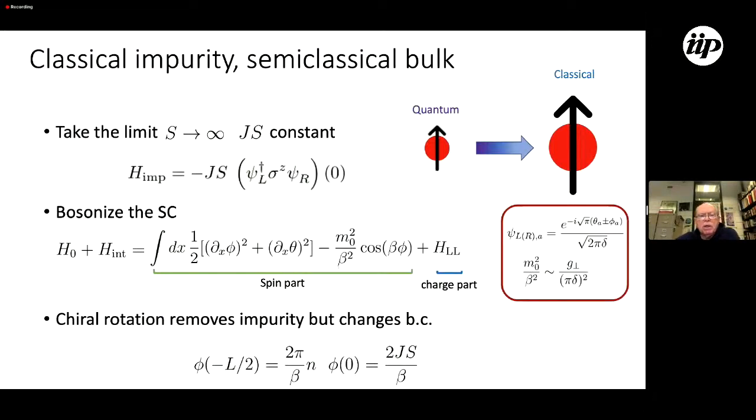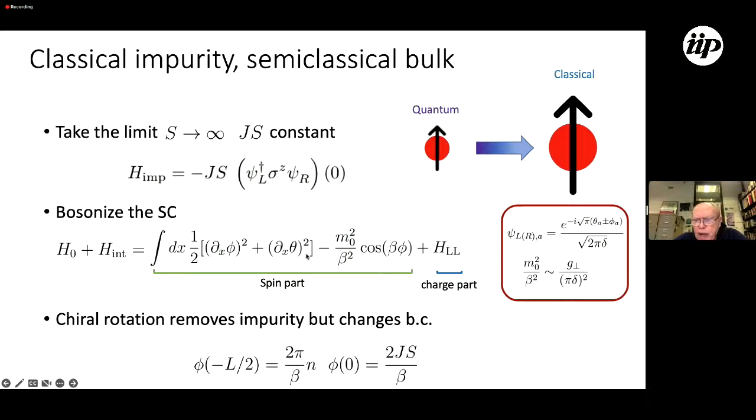So let me start with the YSR approach, where the impurity was classical and the bulk was semi-classical. We take the limit S goes to infinity, holding JS fixed. So this becomes the impurity, the H impurity. And we bosonize the superconductor.